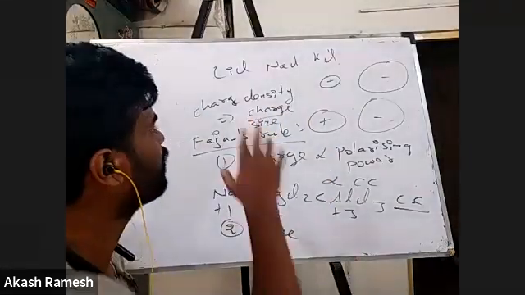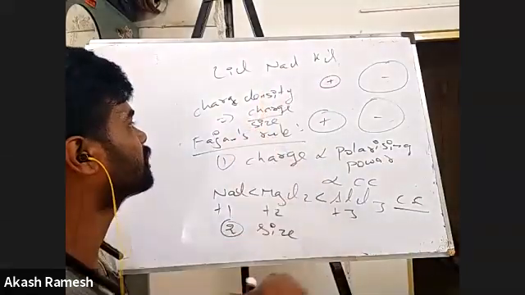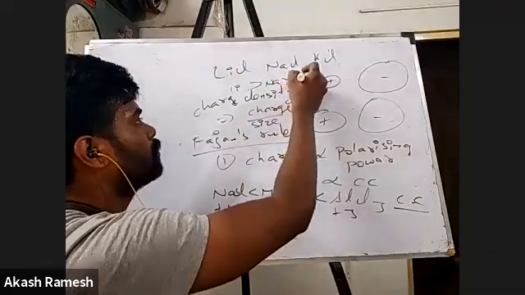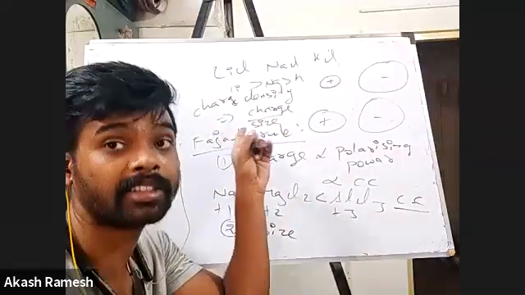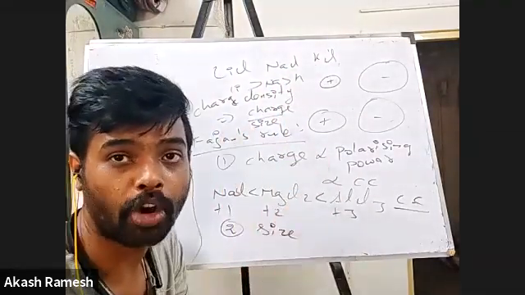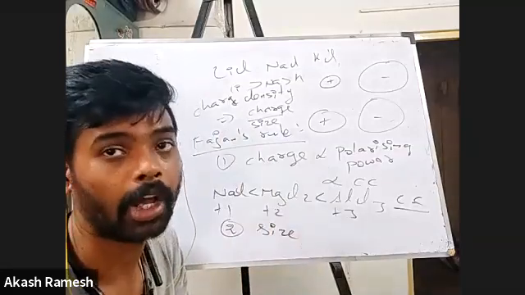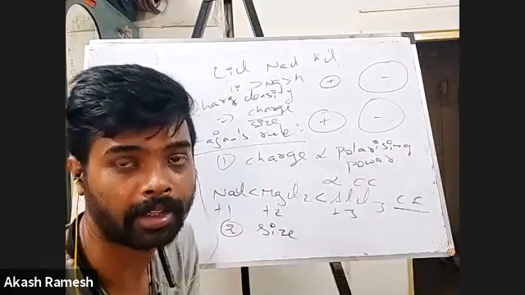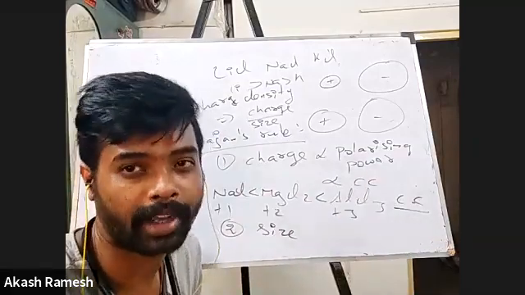So which will have maximum charge density? Maximum charge density will be for lithium, then sodium, then potassium. So obviously more and more charge density, more and more will be the polarizing power, and obviously more and more would be the covalent character.